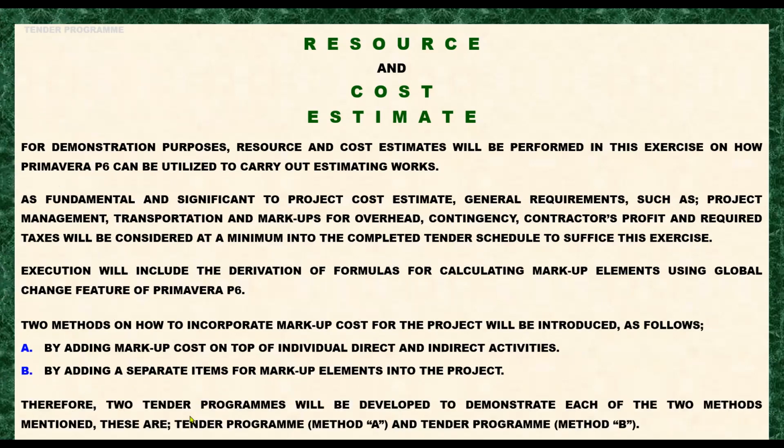Therefore, two tender programs will be developed to demonstrate each of the two methods mentioned. These are tender program Method A and tender program Method B. Okay, now I think we are done here.